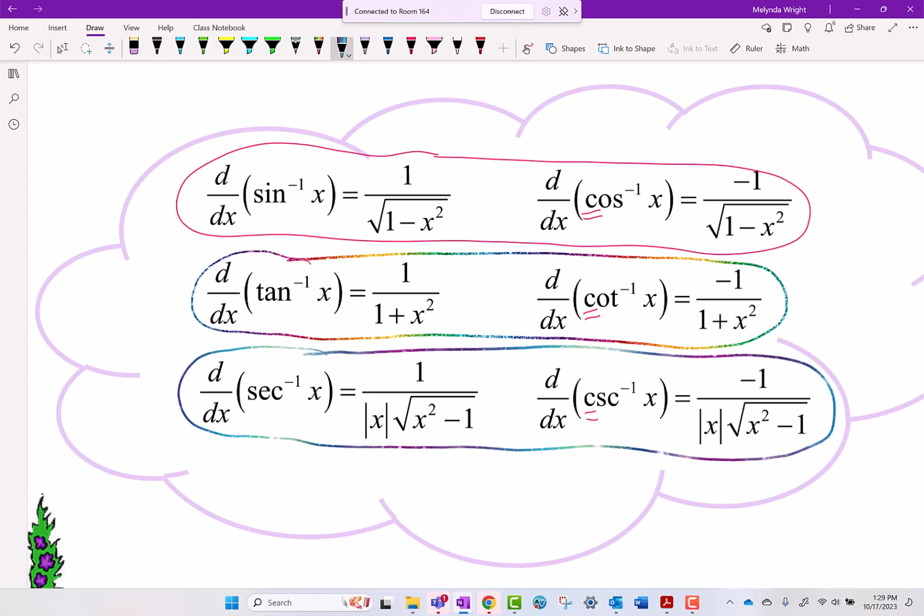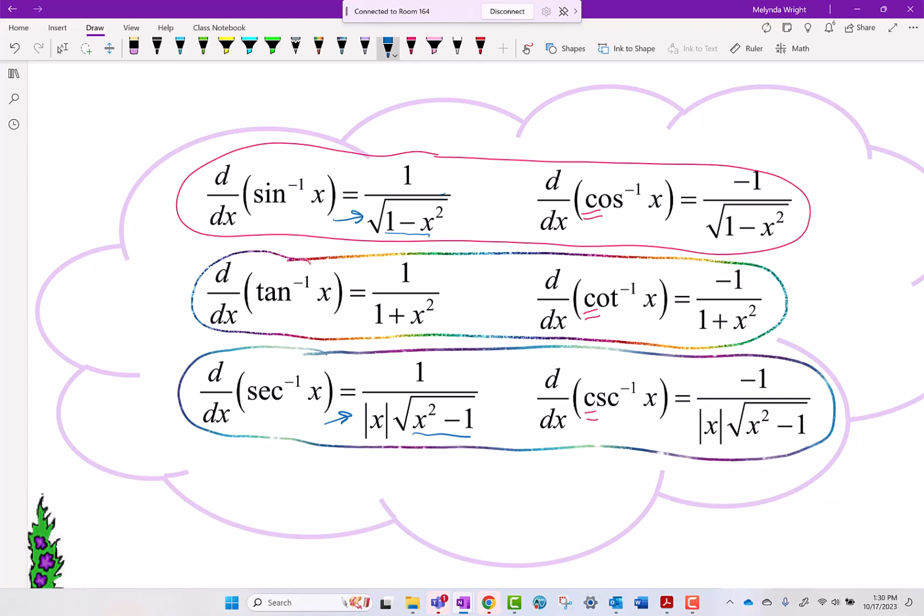So that's one pattern that I want to talk to you about. Another pattern has to do with the radicals. If we look, we see that arcsine has a radical in the denominator, and arcsecant does too. Notice they both have radicals. One of them is 1 minus x squared. The other one is x squared minus 1. That's something that I've found historically students have a little bit of trouble with.